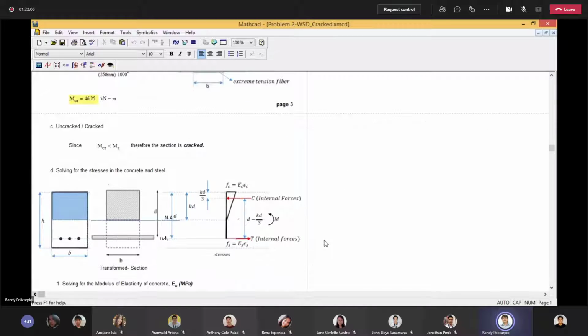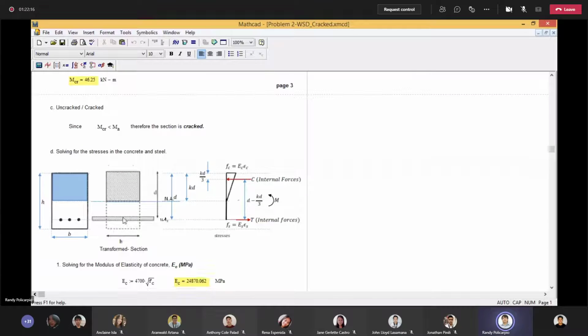Ito ngayon yung transform section ng beam. So wala na yung ibaba. So this is now the equivalent transform section. Now, for the location of the neutral axis, I designate here KD. KD yung designation natin. Okay?